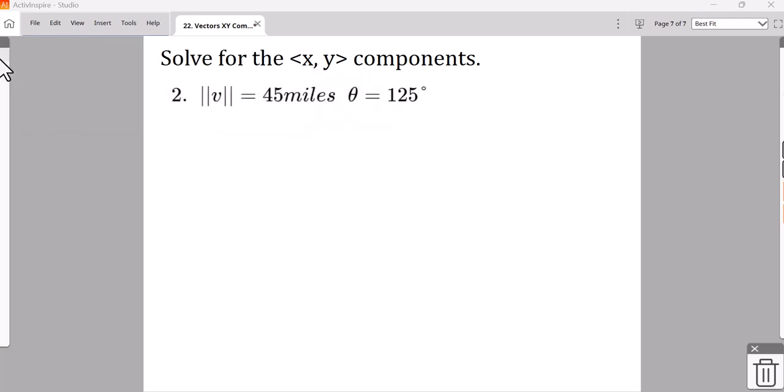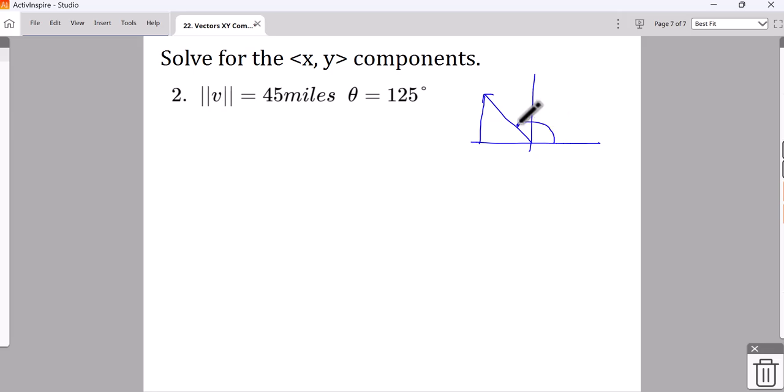So on this one, our magnitude is 45 miles, and our angle measure is 125 degrees, and so that's going to live in quadrant 2. So I draw my arrow and triangle in quadrant 2.